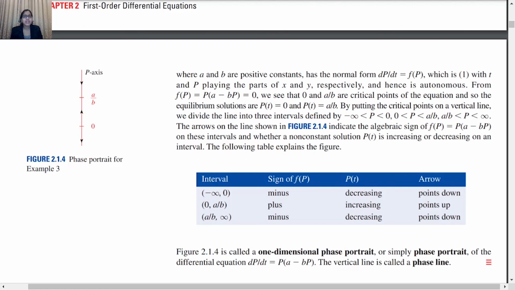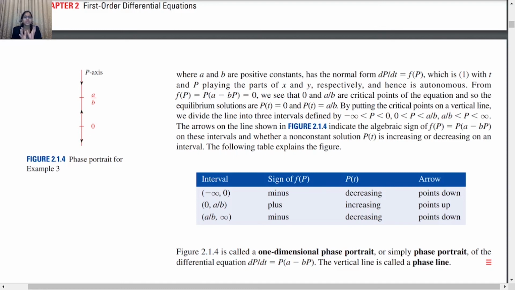If it is negative, then p of t will be decreasing, and if it is positive, it will be increasing. If it is increasing, we'll put an arrow upward, and if it is decreasing, we'll put an arrow downward. So this is called a phase portrait, and the vertical line is known as a phase line.